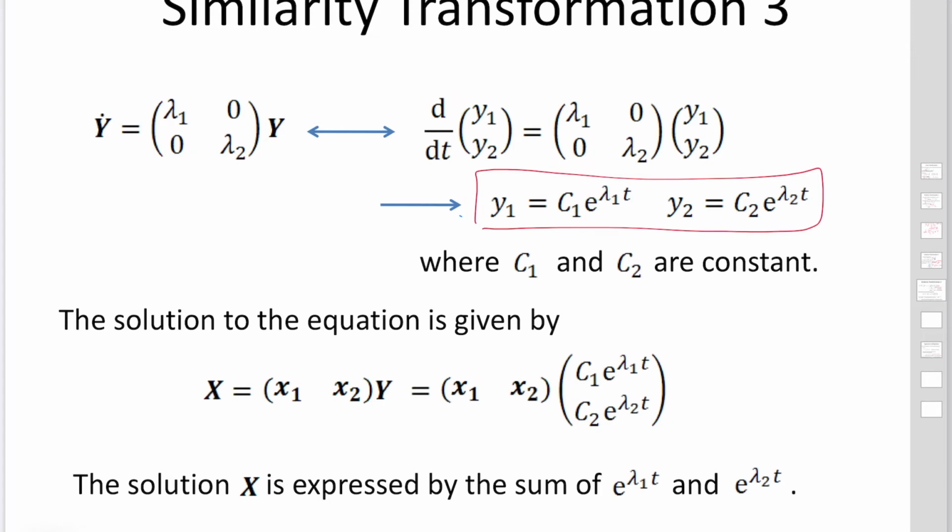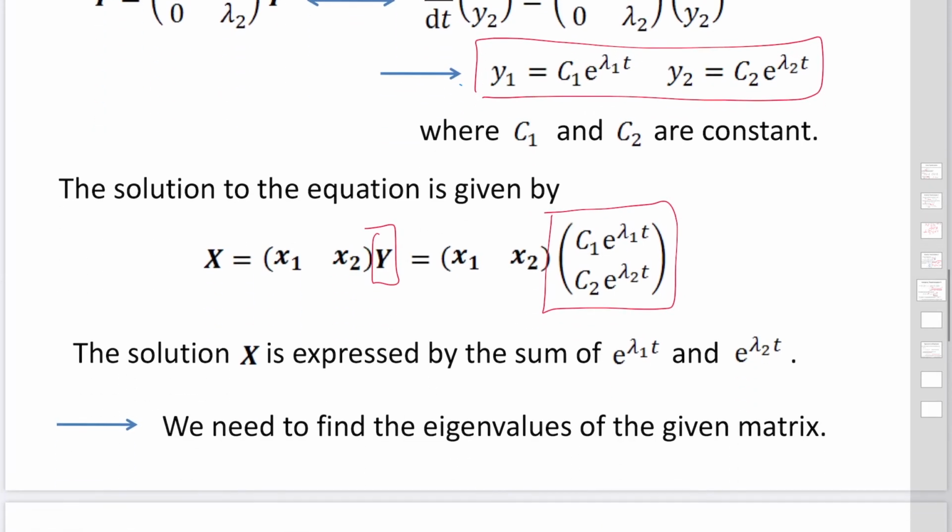We could solve the differential equations independently for y sub 1 and y sub 2. Once we find the solution for y, you can substitute this y to find x. The solution x is expressed by the sum of exponential lambda sub 1 t and exponential lambda sub 2 t, where lambda sub 1 and lambda sub 2 are the eigenvalues. So you might understand we need to find the eigenvalues of the given matrix.